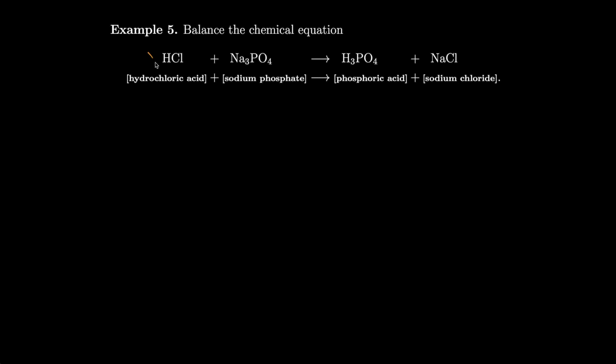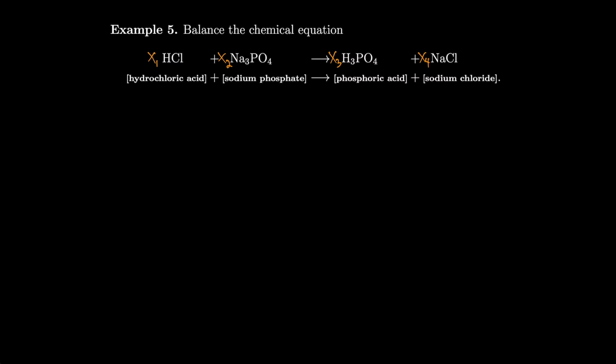So how about x1 for the hydrochloric acid, x2 for the sodium phosphate, x3 for the phosphoric acid, and x4 for the sodium chloride. And I'll just try to find out what the x1, x2, x3, x4 are that'll make this equation balanced.